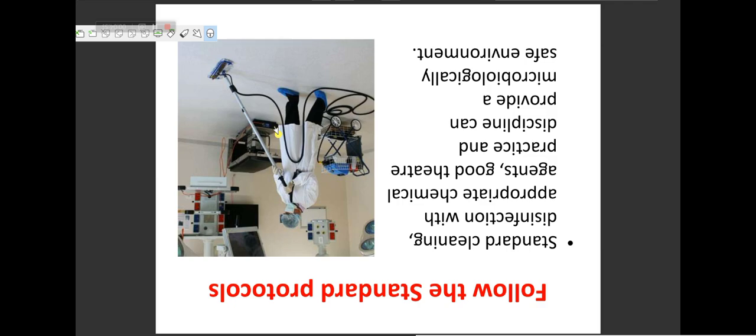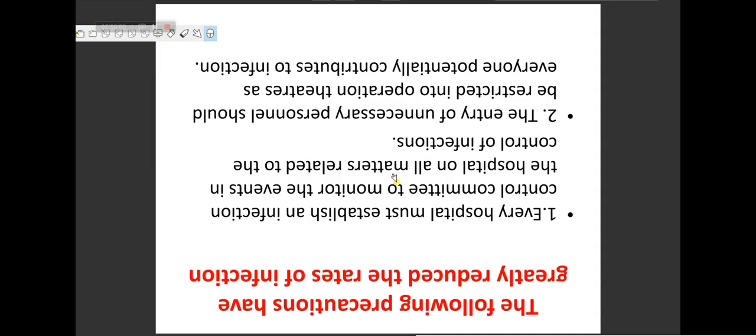The environment should be microbiologically safe so that the patient does not get any infection. The environment should be clean, and for those who work in the operation theater, a clean and microbe-free environment is also mandatory for their health.